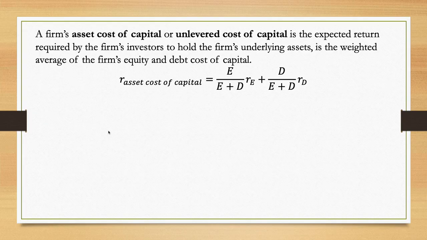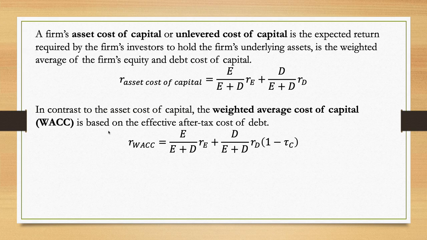After having calculated the debt cost of capital and the equity cost of capital, we can calculate a firm's asset cost of capital or unlevered cost of capital, which is the expected return required by the firm's investors to hold the firm's underlying assets. It is the weighted average of the firm's equity and the debt cost of capital.